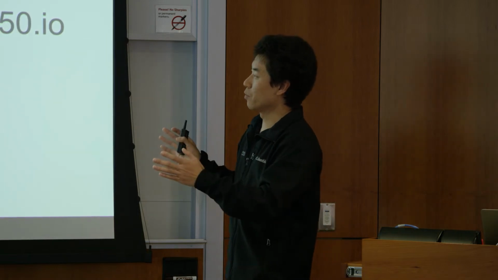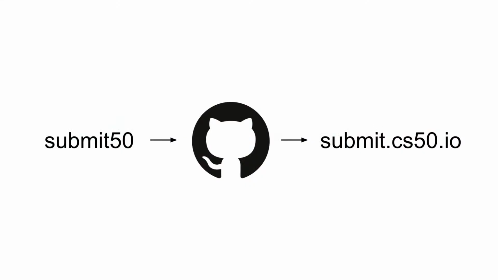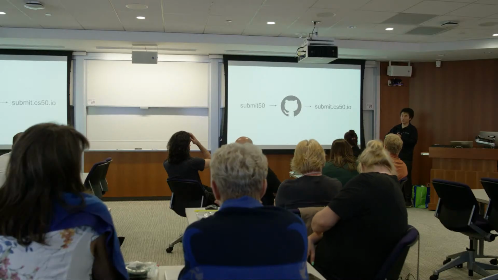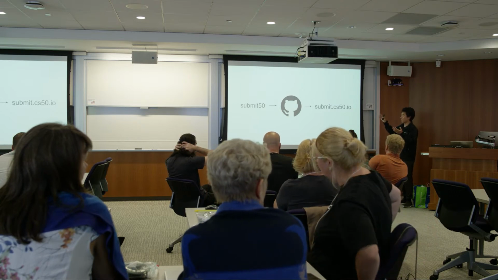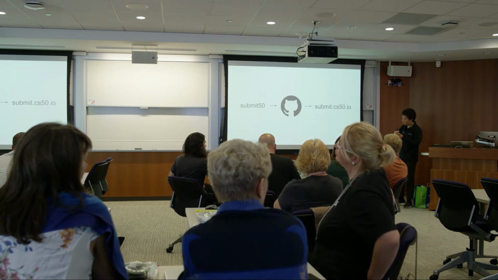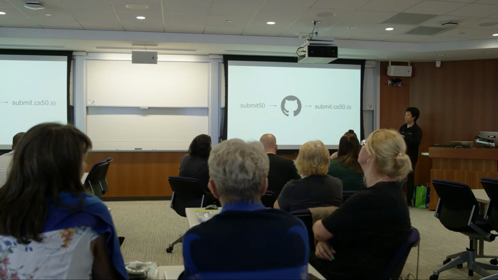So briefly, here's what happens when a student runs Submit50: the code gets pushed to GitHub. GitHub will trigger a webhook notification and send it to our web app, saying a CS50 student submitted a problem set.